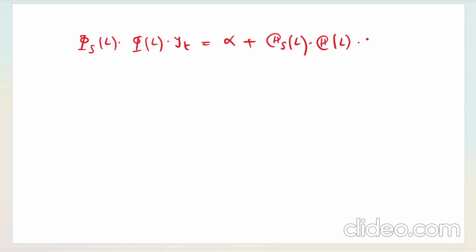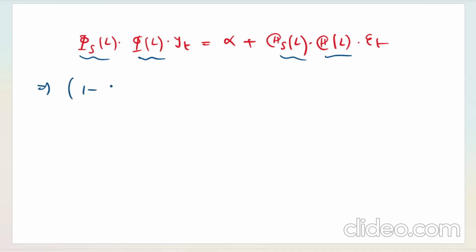Now the only thing left is to write what will be YT. So previously I have told you how do you write this. Phi SL phi L into YT is basically alpha plus theta SL theta L into epsilon T. Now you have all these values individually, just put them.